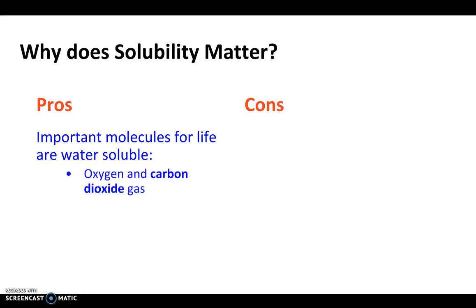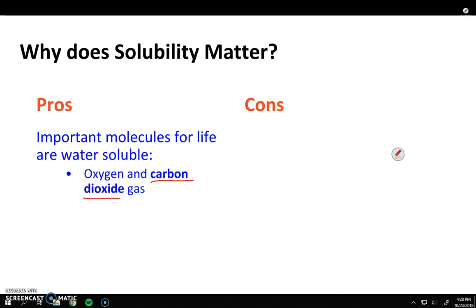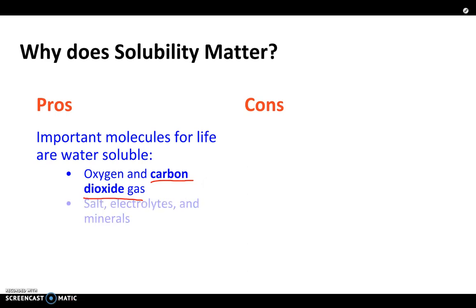So oxygen and carbon dioxide are soluble in water. Oxygen dissolved in water is, of course, what fish depend on. And we will talk about how carbon dioxide gas dissolved in water has really large implications for the health of aquatic ecosystems and also for the interchange of gases with our atmosphere and climate change and some of those pieces.